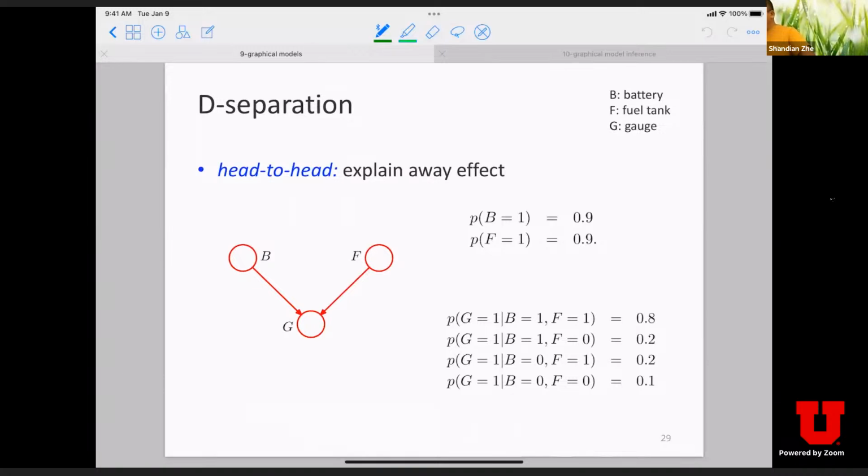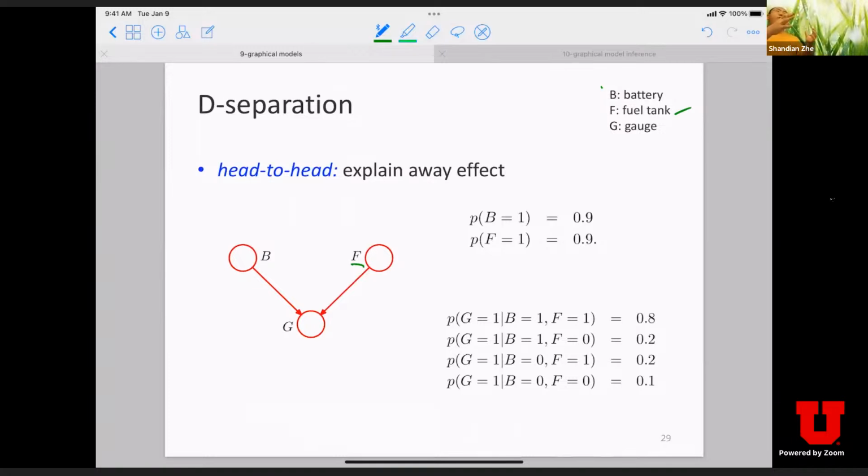So what does B represent? Consider a scenario or application. You watch the status of your car. You want to look at whether your gas tank is empty, and also whether the fuel tank is empty, which is abbreviated as F. And you also want to know the reading of your gauge.